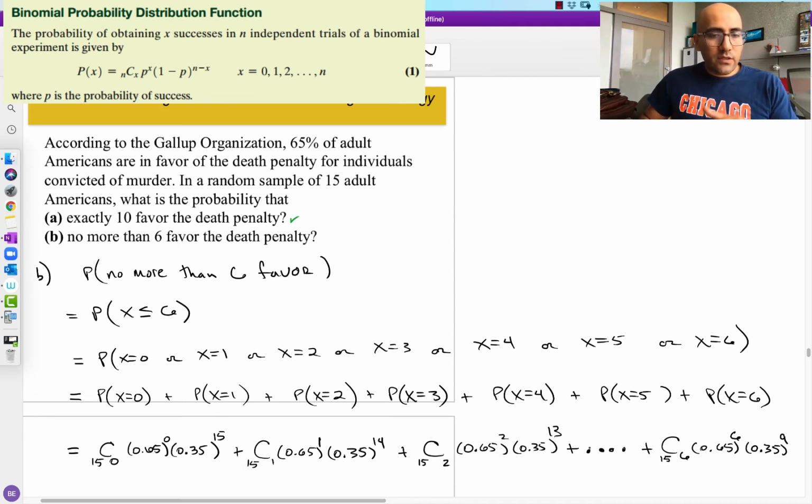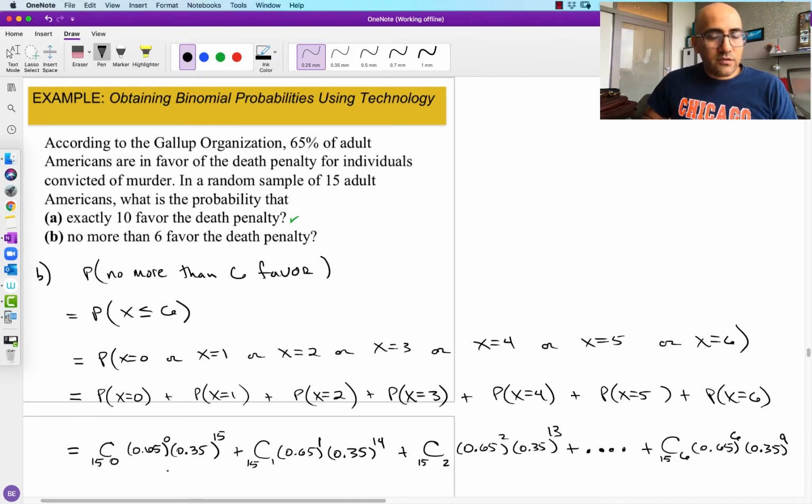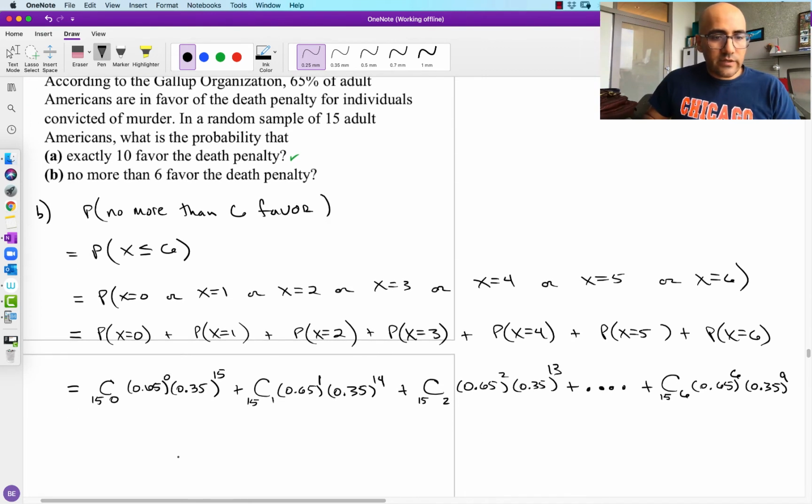So we can use the shortcut we just learned about our calculator functions, binom PDF, to simplify this process a little bit. So let's scroll down a little bit.